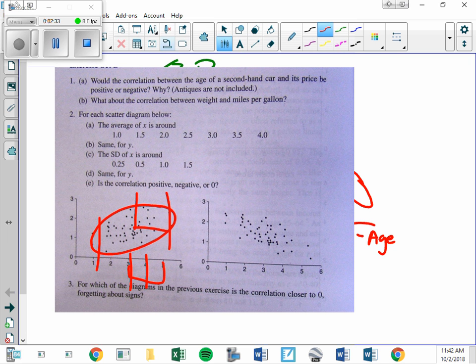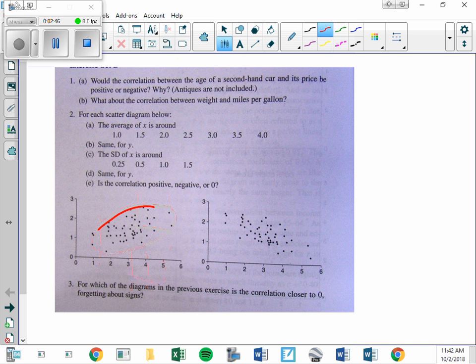So draw your football, cut off the tips, go from the point of averages to where you cut it off, and then divide that by 2. So the SDs for the X's would be 1, and then we do the same thing for the Y's. We draw our football, we cut off the tips, and then we take the point of averages, and we divide that by 2. So that looks like about 0.5. Is that what you got? Okay.